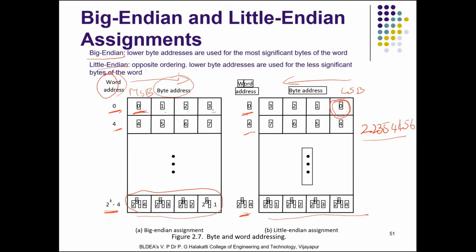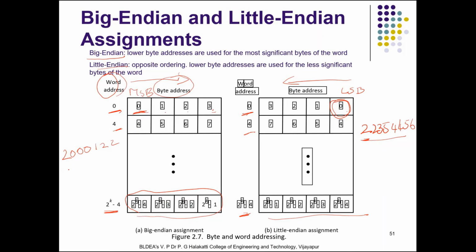So let's take first the big endian. In big endian, if I want to store this number, let's say we are going to store it at location 2000. I start storing at location 2000, then at 2000 the byte 22 will be stored.